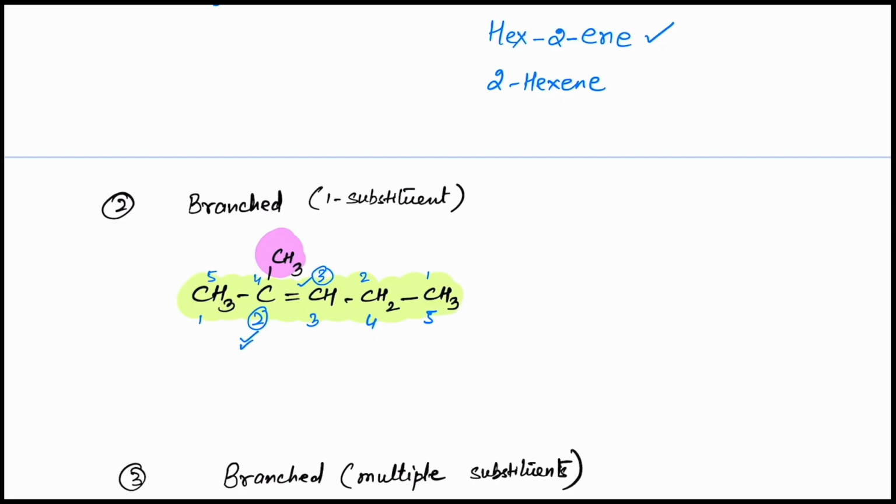So the name of this compound will be, for 5 carbon atoms, pent, the position will be 2 for the double bond, and ene. Now there is a methyl group present at the second carbon because we are numbering from the left to the right. So at the second carbon there is a methyl group present. So we will write 2-methylpent-2-ene.